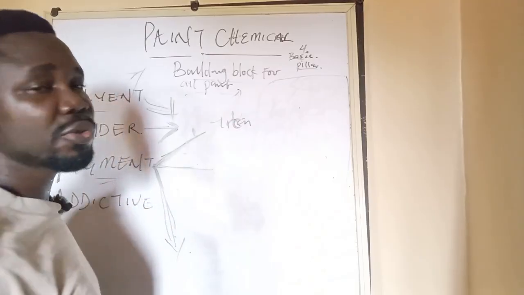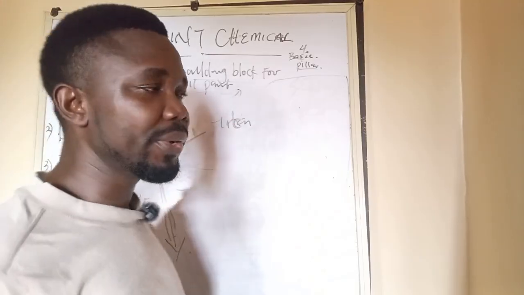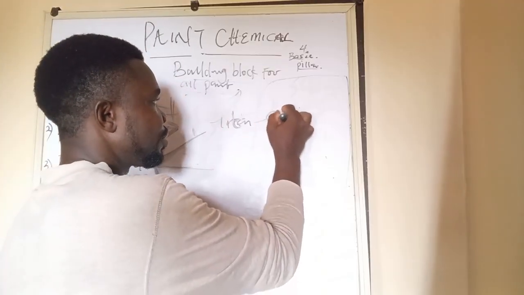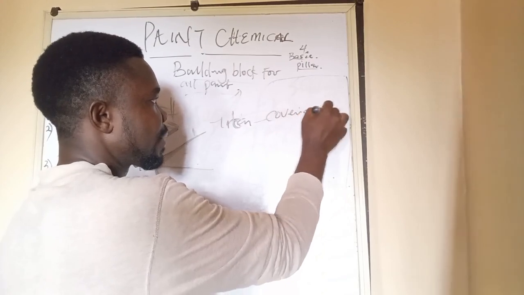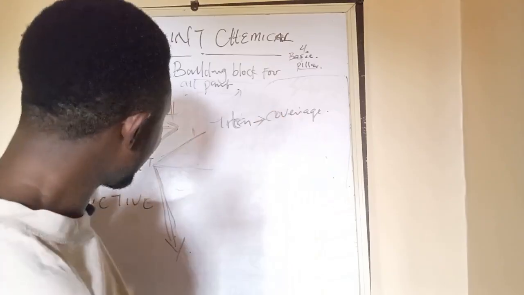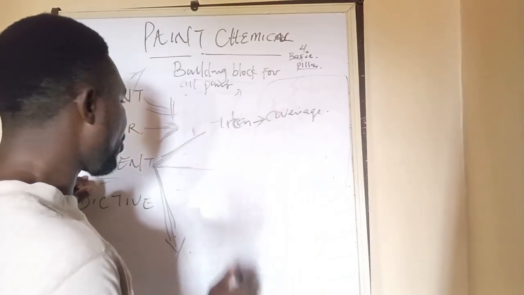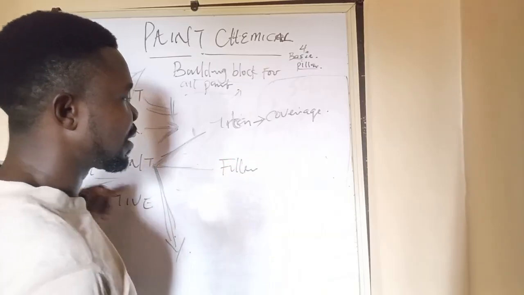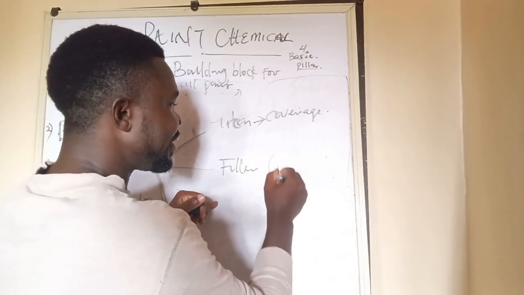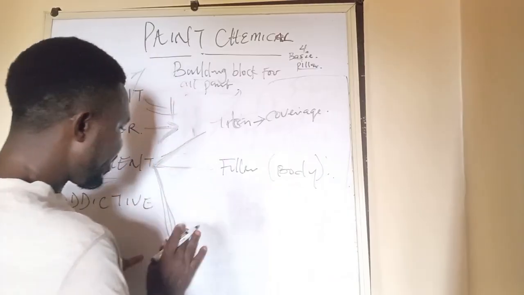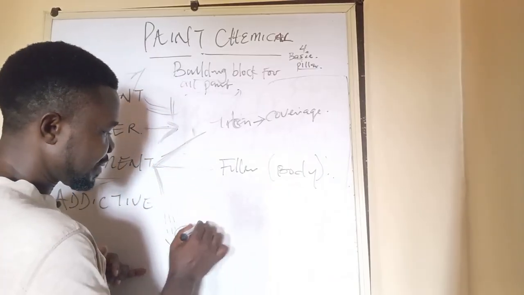So titan happens to be the very primary pigment that gives coverage. It serves the purpose of giving coverage. So under this pigment also, we have what is called the filler, and this will give you body. And under this, we have the color pigments.